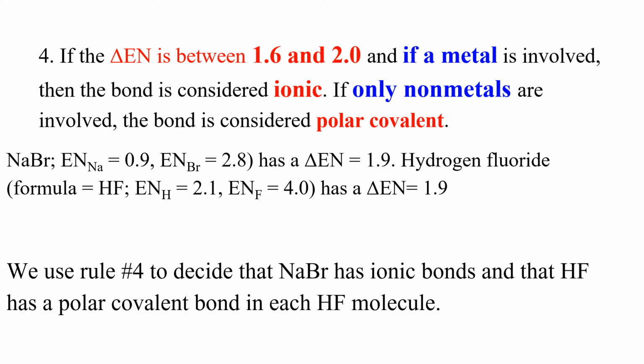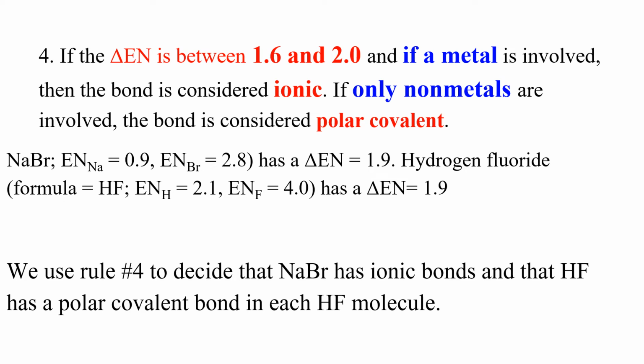Why ionic? Because the value is between 1.6 and 2.0, and Na is a metal. What about hydrogen fluoride? Hydrogen is a nonmetal, fluorine is a nonmetal, and the difference between the electronegativity is 1.9.